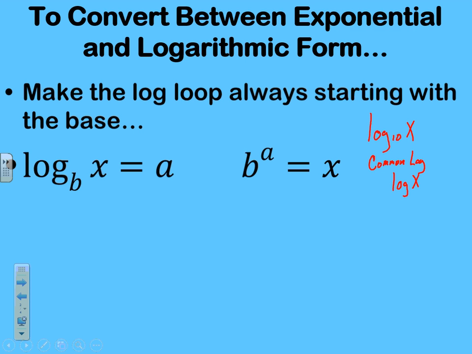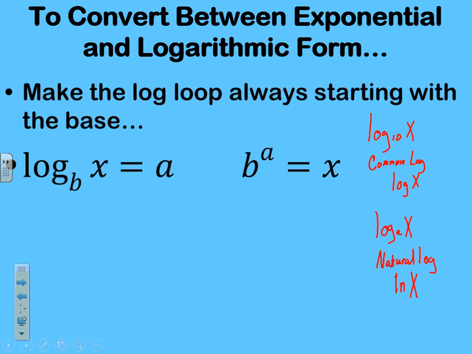The other type of log that we're going to see that's very commonly occurring is log with a base e. Now remember, e is a transcendental number, 2.718, but we don't write 2.718 because it's neater to just say e. This is called the natural log, and it is written as ln of x.